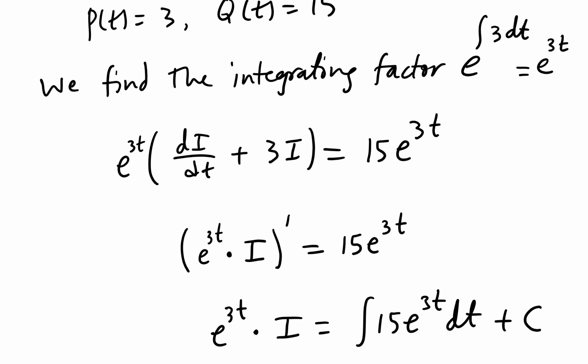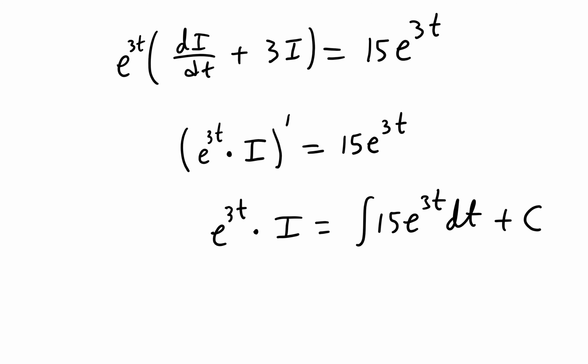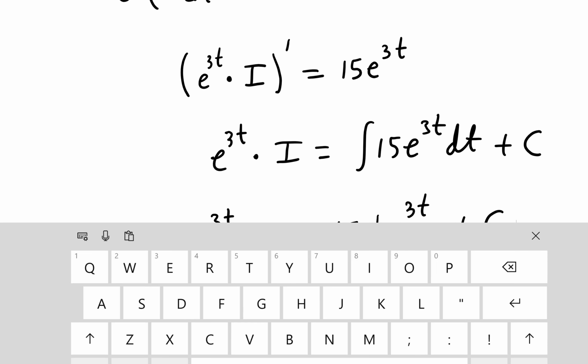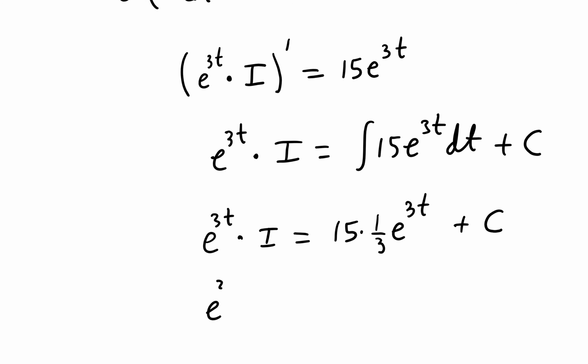Don't forget the dt or the plus c. On the left side, keep it as is for now. On the right side, pull the 15 out. E to the 3t, to integrate that, you do 1 over 3, e to the 3t, and the plus c, which simplifies to e to the 3t times I equals 5 e to the 3t plus c.